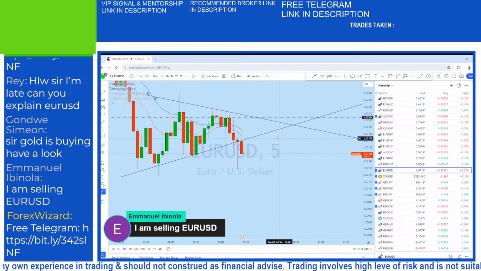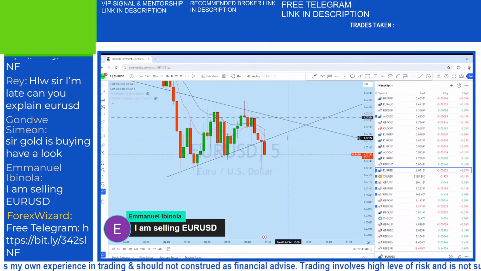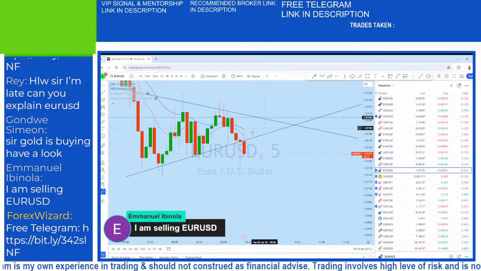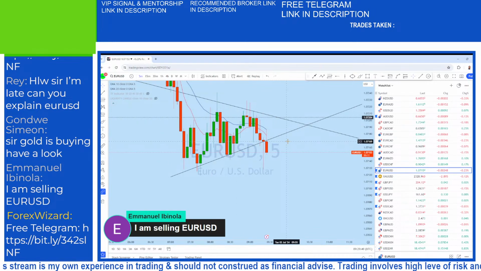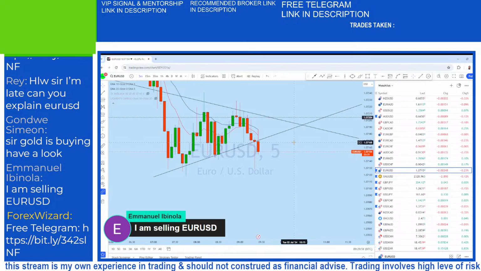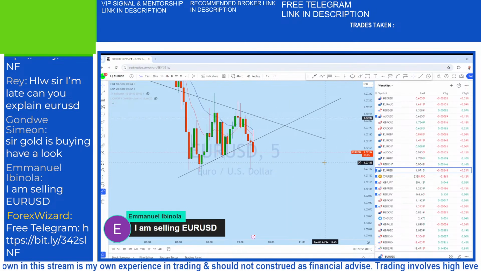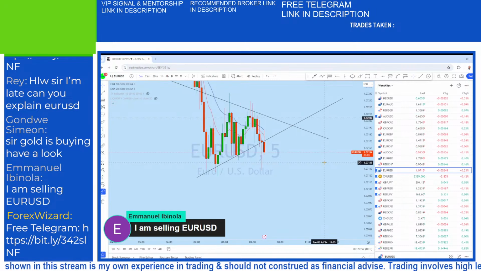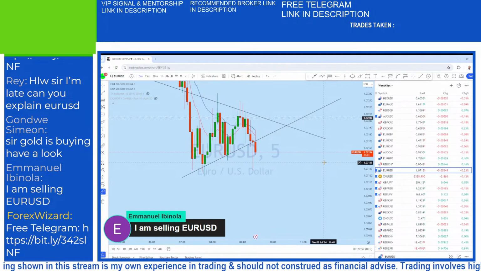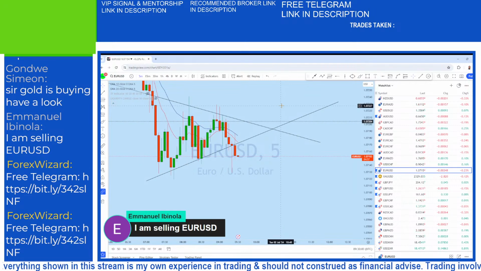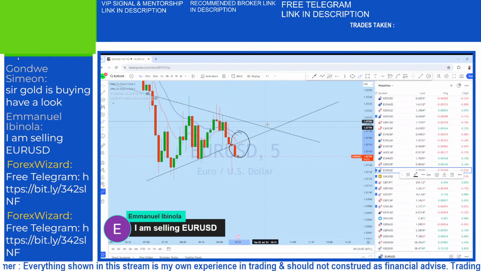Okay, so here we can see that there is a liquidity candle formation also. Okay, a long bearish engulfer.